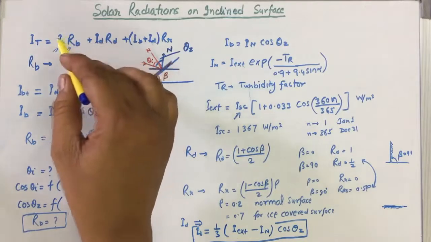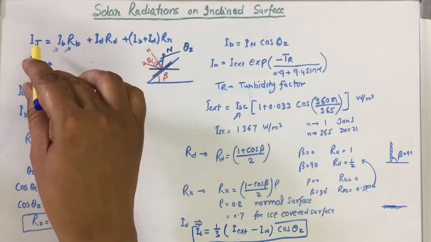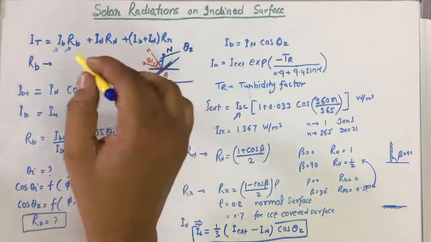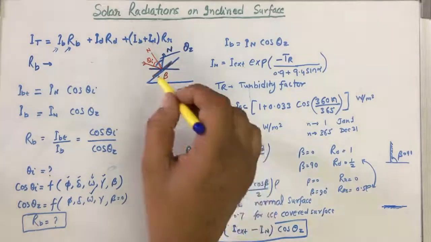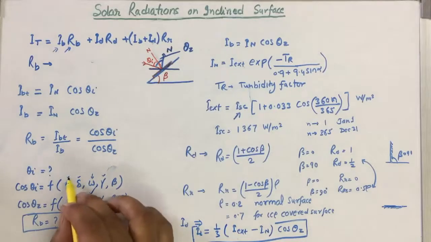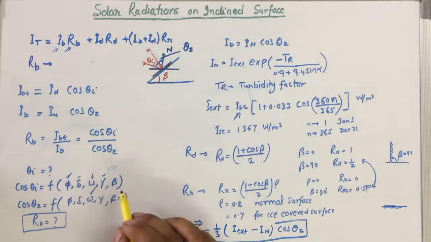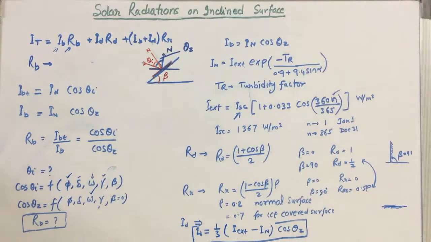In this way we can find the total radiations at any particular time, at any inclination, for any latitude and for any facing and for any day of the year.